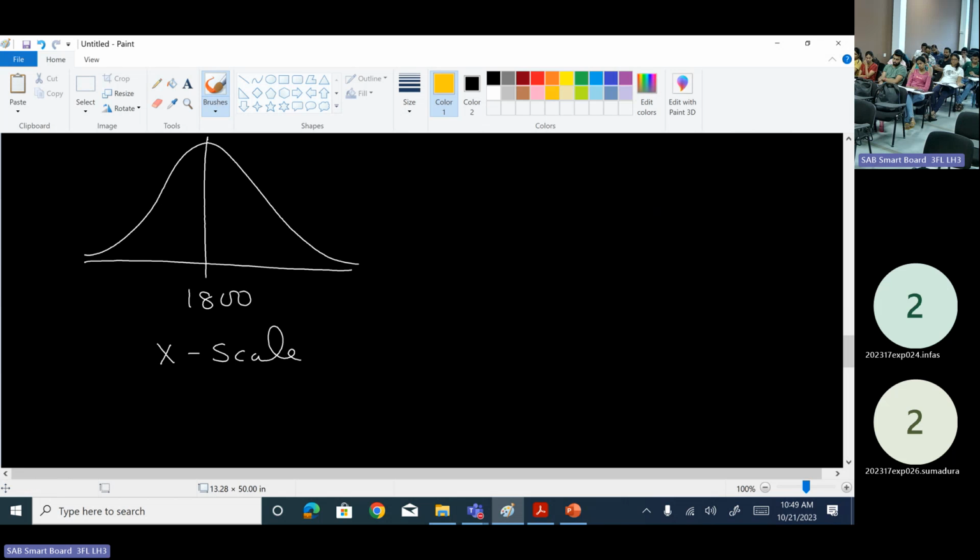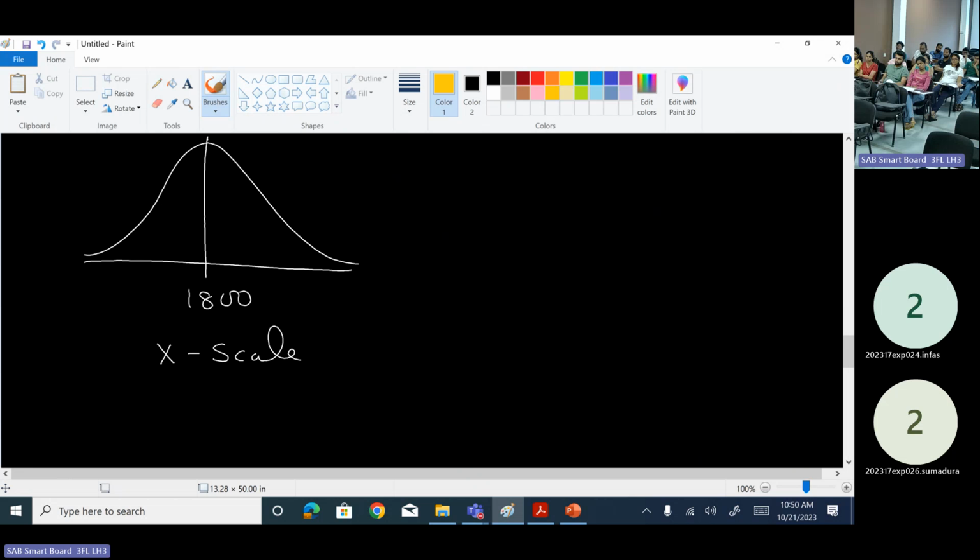Then we have to locate the point. They are willing to replace 10% of the bulbs. What should be the warranty period? Suppose the manufacturer says the warranty period is 1008.